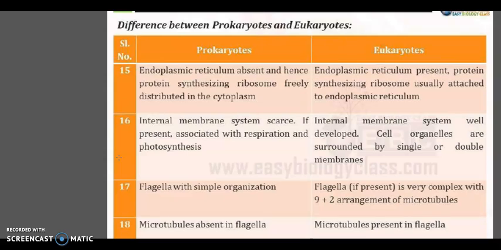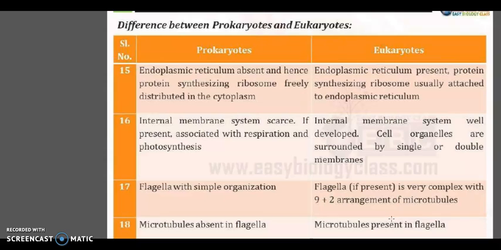In prokaryotes, the flagella, which is used for locomotion, is of simple organization, whereas in eukaryotes, the flagella, if present, is very complex with a 9+2 arrangement of microtubules. Microtubules are absent in the flagella of prokaryotes, whereas microtubules are present in the flagella of eukaryotes.